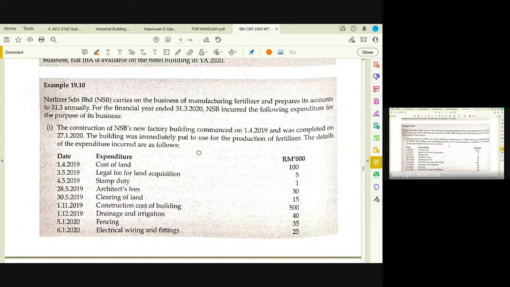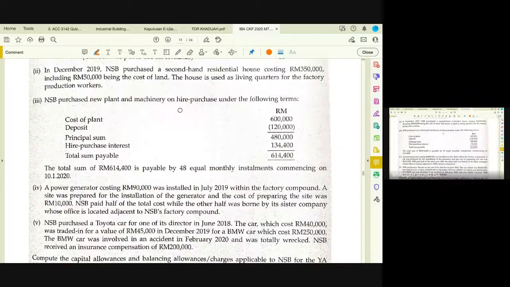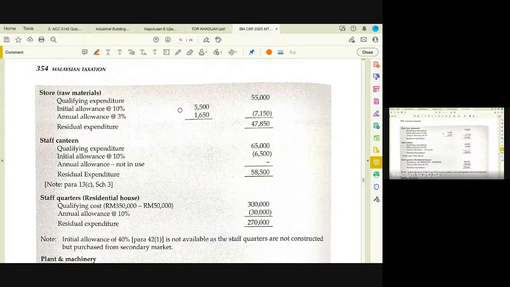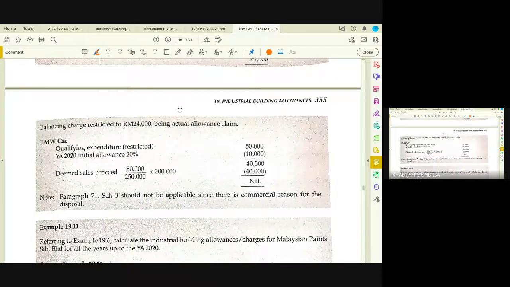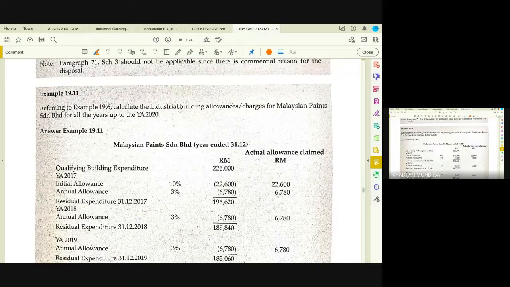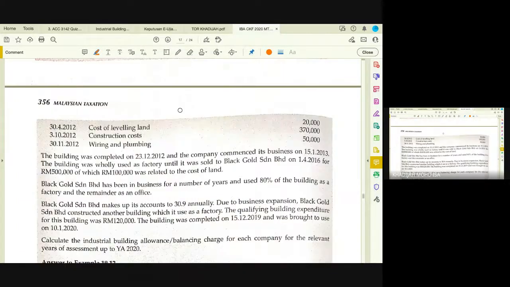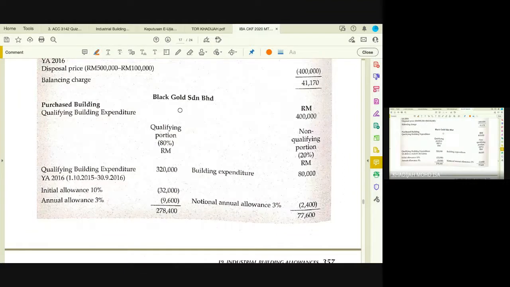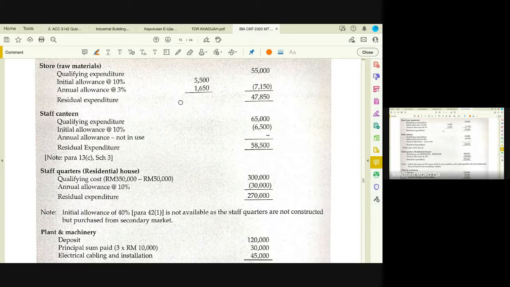Make sure that you do example 19.10. In order for you to do 19.10, you have to read first whatever is below here. So we continue the class next time with all these examples. It's very lengthy, and then we also have 19.11. Hopefully we can finish this topic in the next class. So with that, I think that's all for today. Any question?